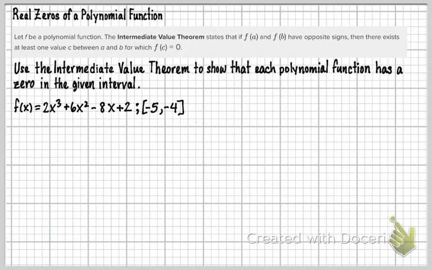So since they give us an interval for the problem below, this says use the intermediate value theorem to show that each polynomial function has a 0 in the given interval. So here's our interval here. It's between -4 and -5. So what we're going to do is plug in -5, and if I plug in -5 into that function, I'm going to get -58.